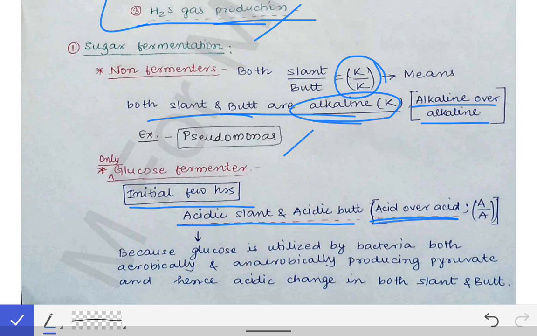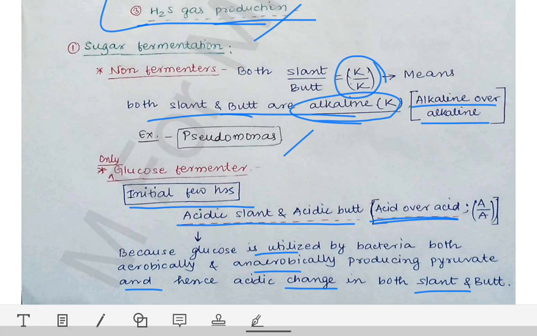This is because the glucose is utilized by the bacteria both aerobically and anaerobically initially. Okay. So they will be producing pyruvate and hence this acidic change will occur in both the slant and the butt, and this acidic change in the pH will cause both the slant and the butt to look yellow, and we will call it the acid over acid reaction, or A by A.